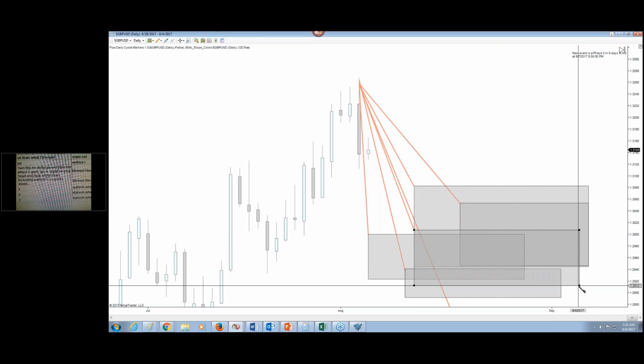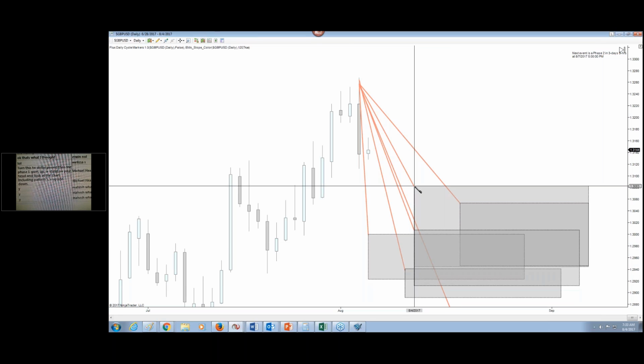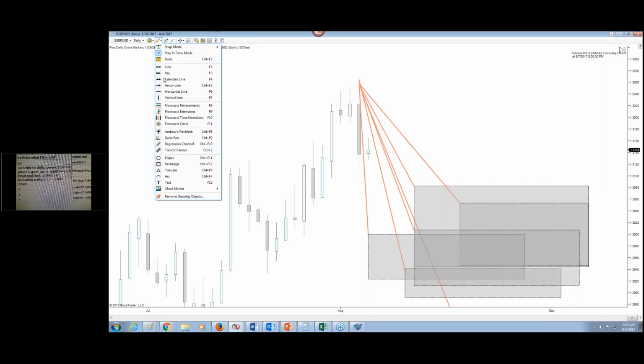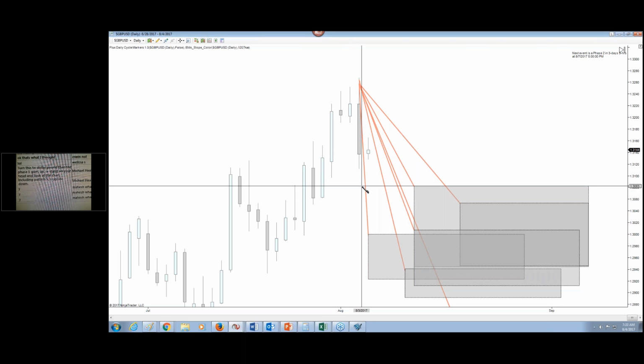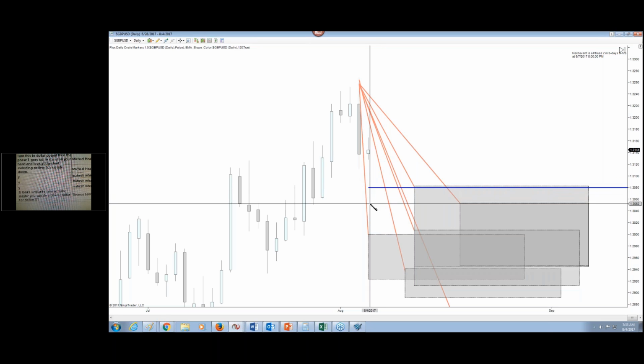And Mahesh, one of the things we see is that it didn't get to the lowest one of these yet. Let's put some rays right here. As of right now, the low of the phase 2, if it's going to be a pullback, is here.